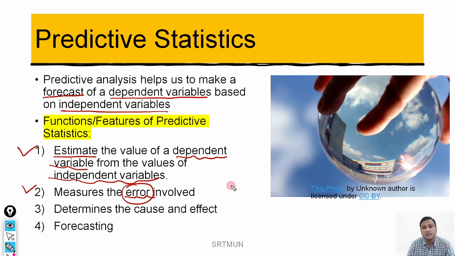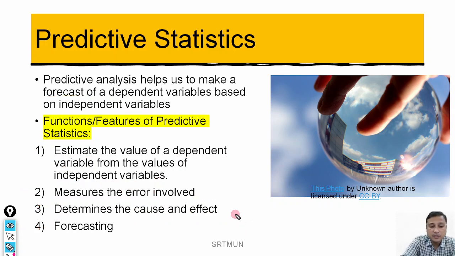In that lecture we'll explain what we mean by error. Then it determines cause and effect, and this part was absent in associative statistics. So in predictive statistics we can determine cause and effect. And the last is forecasting.